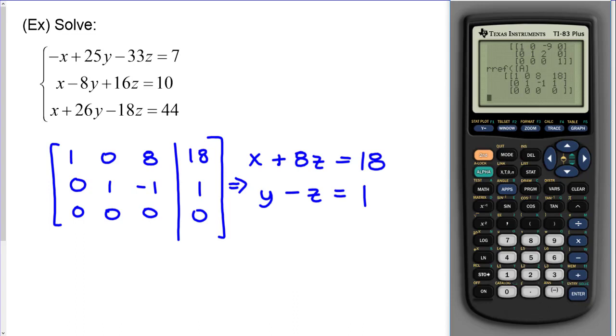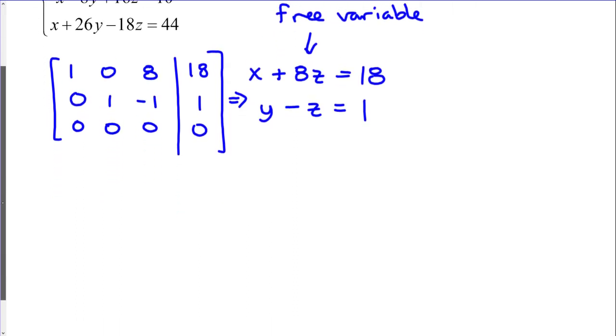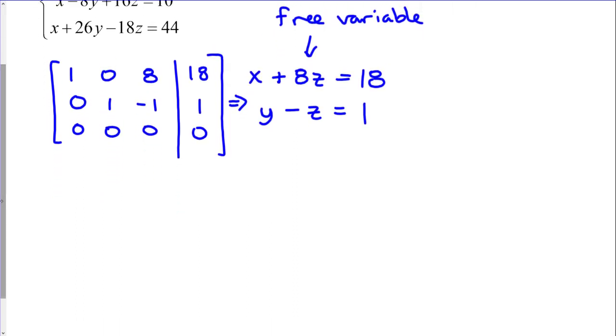What this means is I have a system that I need to parameterize the solution. And z, since it appears in both equations, is my free variable. What I'm going to do is express my solution like this. I'll first change each equation into x equals and y equals, respectively.